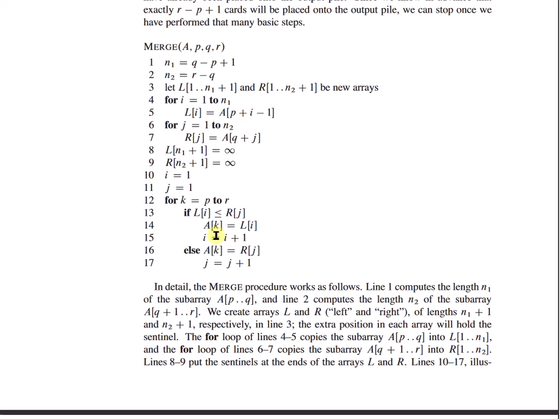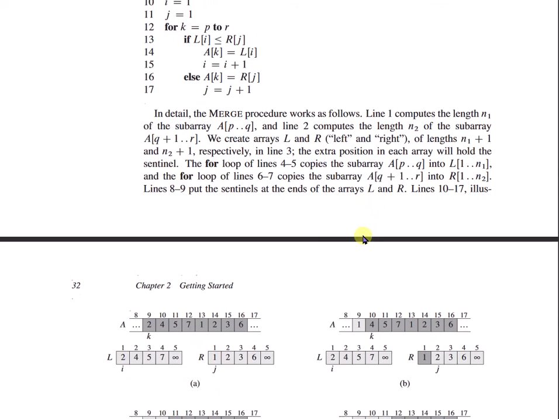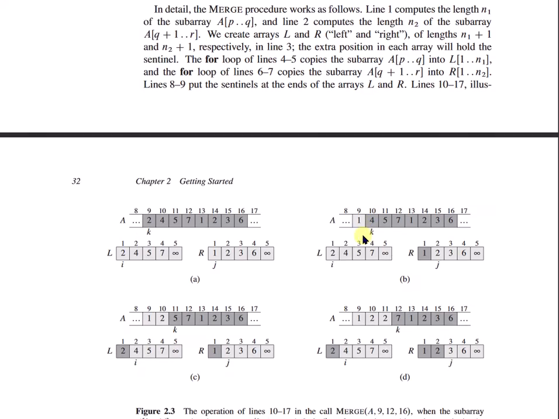The extra position in each array will hold the sentinel. The for loop of lines 4 to 5 copies the subarray A[p to q] into L[1 to n1], and similarly for R. Okay, lines 8 to 9 put the sentinels at the end of the arrays L and R. This we understood. Lines 10 to 17.